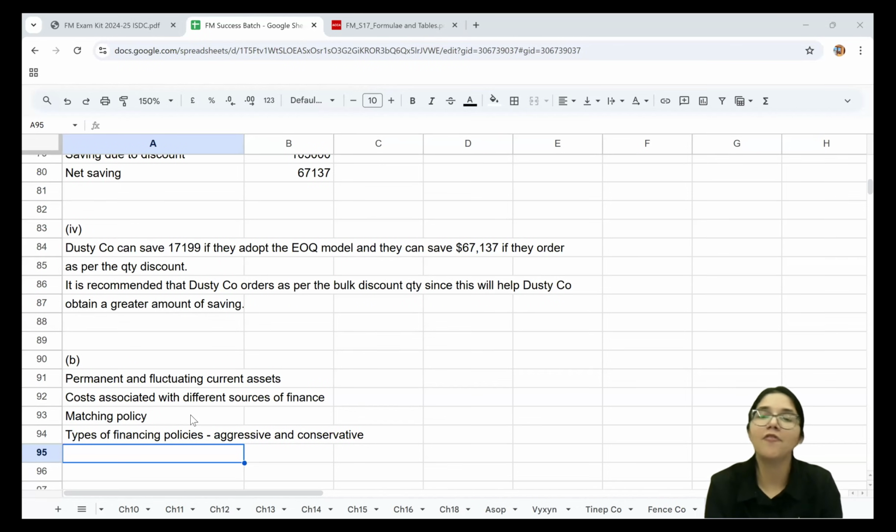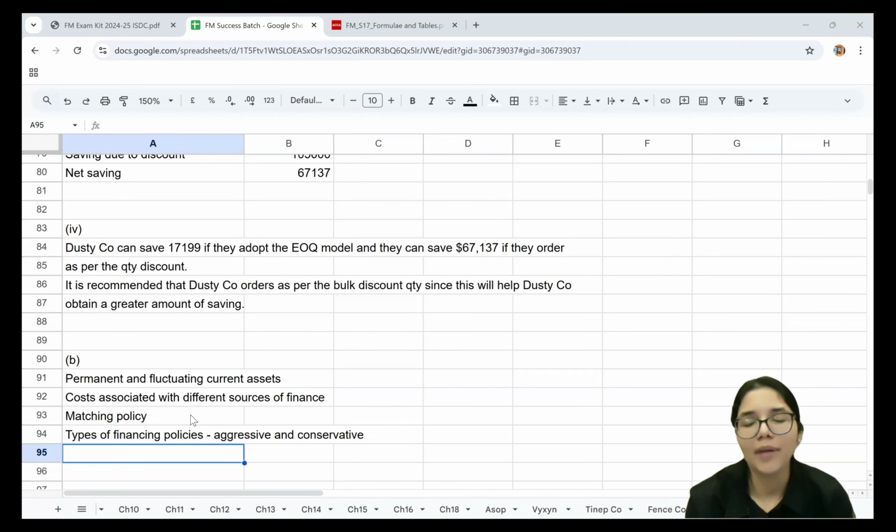But if I talk about the fluctuating assets, if not all, at least some of the fluctuating ones, I will still get it from the long-term sources of finance, just because I'm a conservative person, just because I do not like taking any risks. I do not want to face that risk that, for the sake of making a little bit more profits, I'm playing it very risky. I don't want that. So then I will be going ahead with a conservative funding policy.